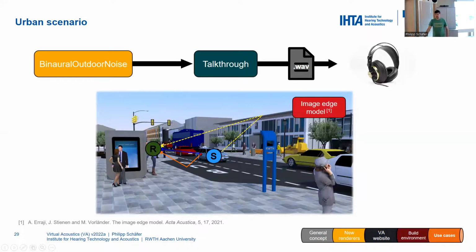So it allows to simulate sound paths considering higher order diffraction and reflection. And you see here I already put this wave file symbol. This is of course also very computationally complex, and it only works offline. Also, this renderer is still under development, so it's kind of in a beta version.